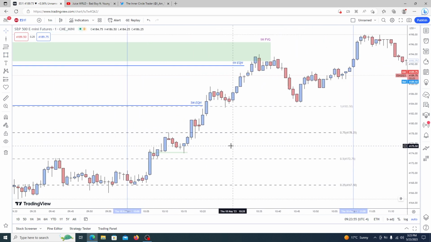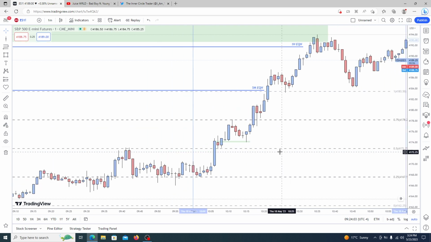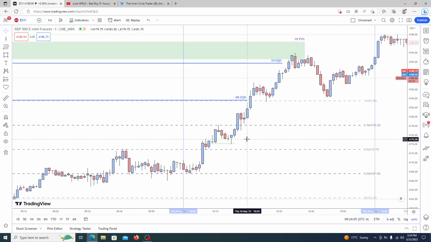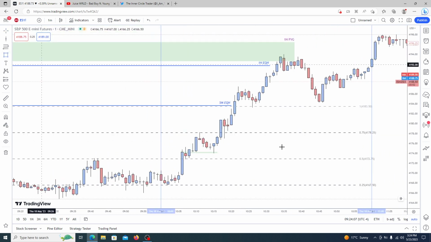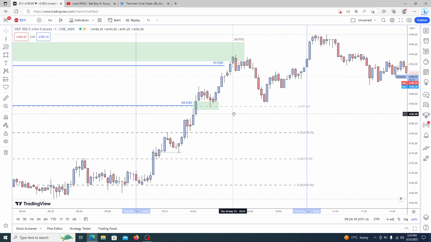If you just look at this candle and that candle right there, how price jumped and made a gap, that's a volume imbalance. We then have a fair value gap over here, which got respected. Price traded above that, rallied aggressively.